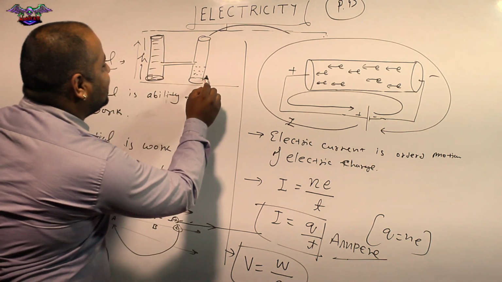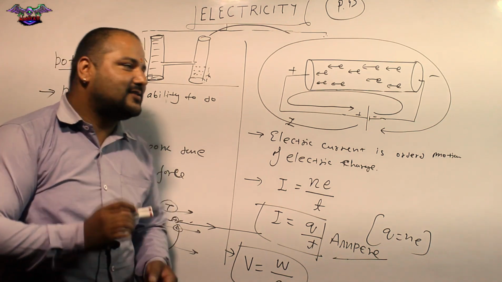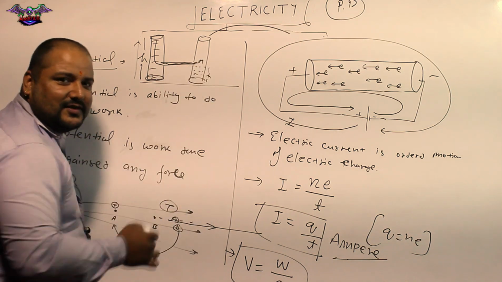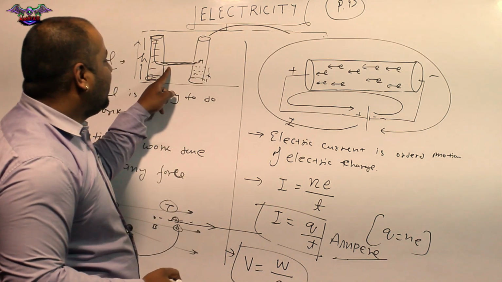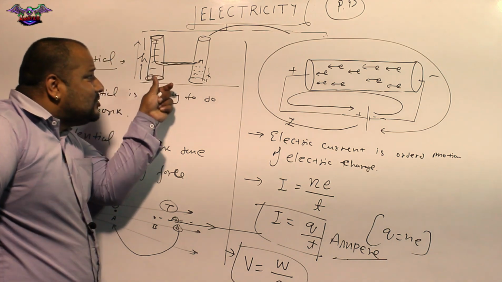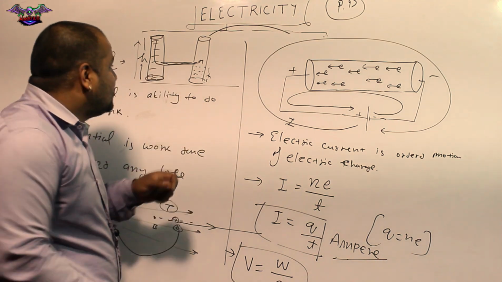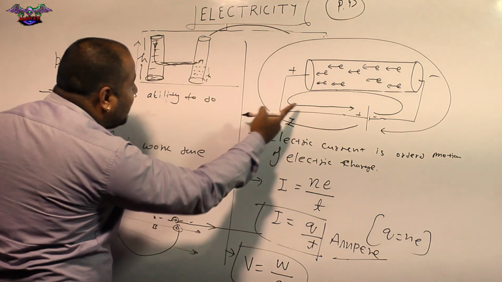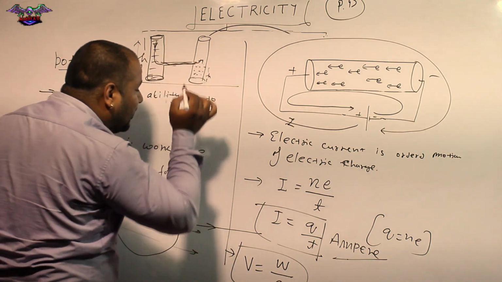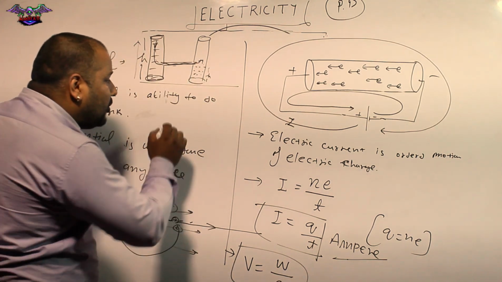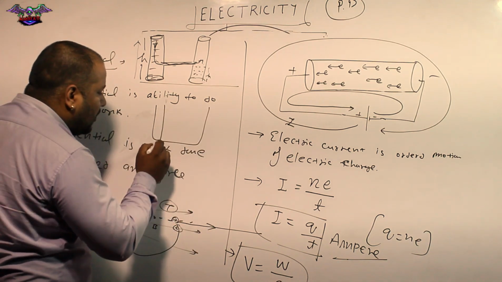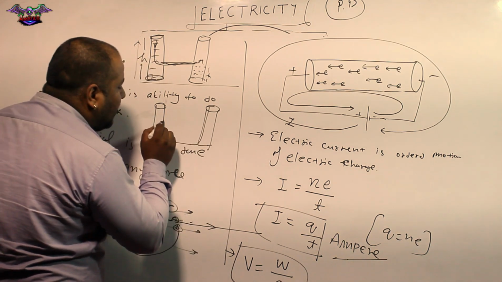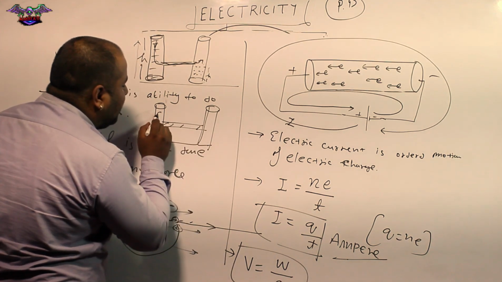Here the height is less, that means potential is less. Then the water will go from this vessel to this vessel. You can assume this water as a current. So water is flowing from higher potential to lower potential. Current is flowing from higher potential to lower potential. When will it stop passing from one vessel to another vessel? When the level of water will be the same.